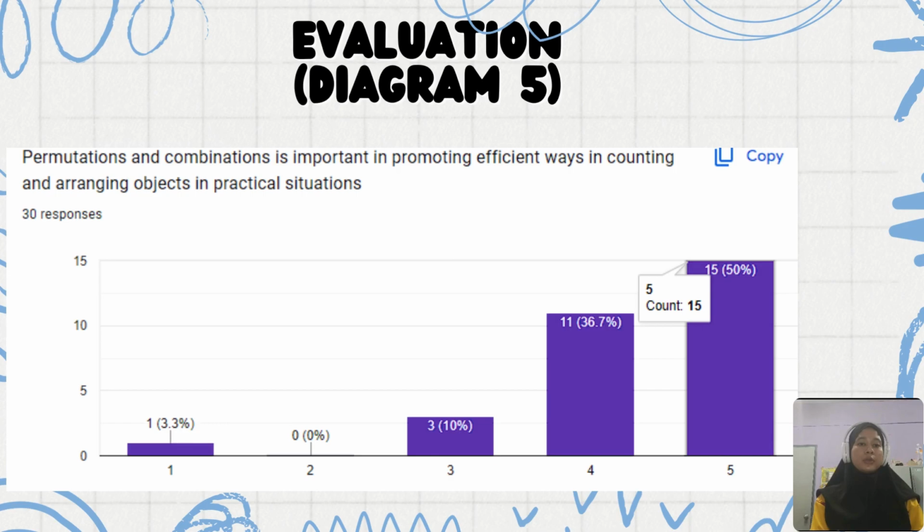However, 3 out of 30 respondents felt undecided about the statement. Meanwhile, only 1 out of 30 respondents fully disagreed with the statement. Hence, many agree that the video makes them think that permutations and combinations are important in promoting efficient ways in counting and arranging objects in practical situations.